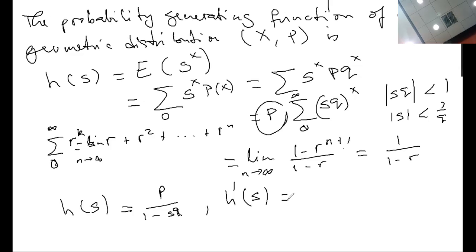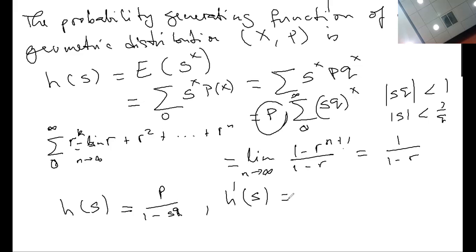The derivative of a fraction, the variable here is s. It is (v u prime minus u v prime) over v squared.